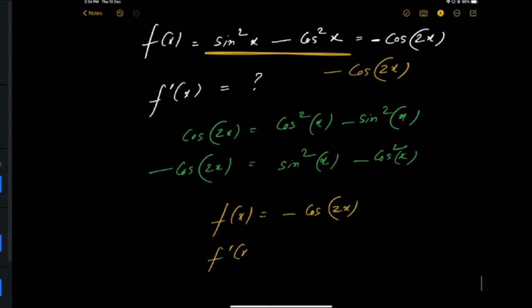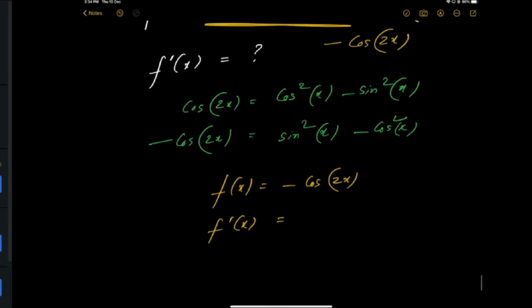So let us keep minus as it is. And what is the derivative of cos 2x? It's minus sine 2x, because the derivative of cos x is minus sine x. But in place of x, what do you have? 2x. So I have to apply the chain rule.